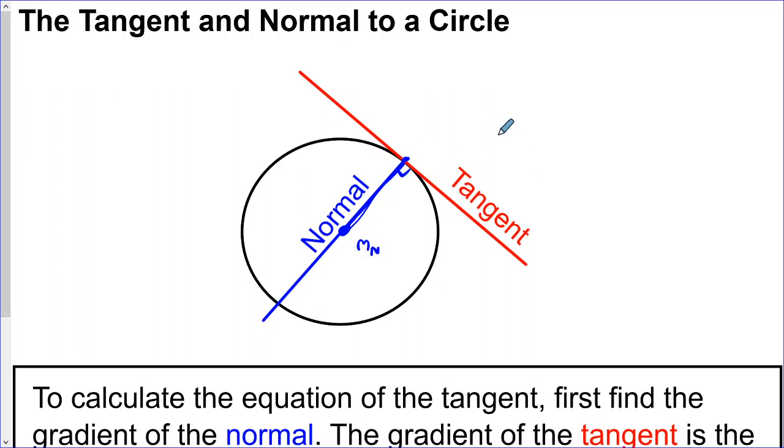The negative reciprocal would then be the gradient of the tangent. And then because we expect to know this point that we're interested in, we usually know where we want the tangent to be, we can use y minus y1 equals m, x minus x1 to find the equation of the tangent.